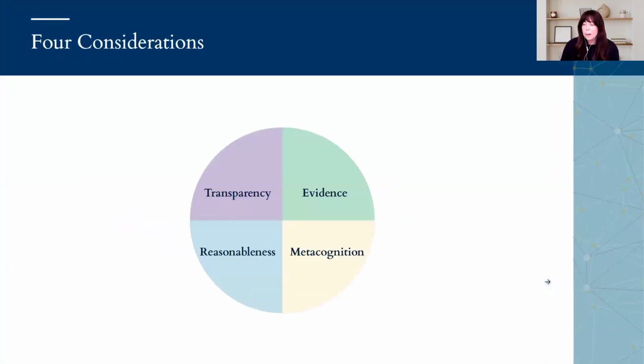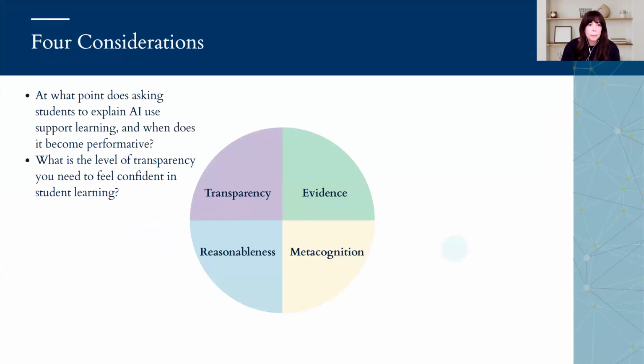So thank you all again for that rich conversation. What we want to do is think about four possible lenses for exploring AI use with regard to transparency, evidence of student thinking and reasoning, and as a tool for prompting metacognition.